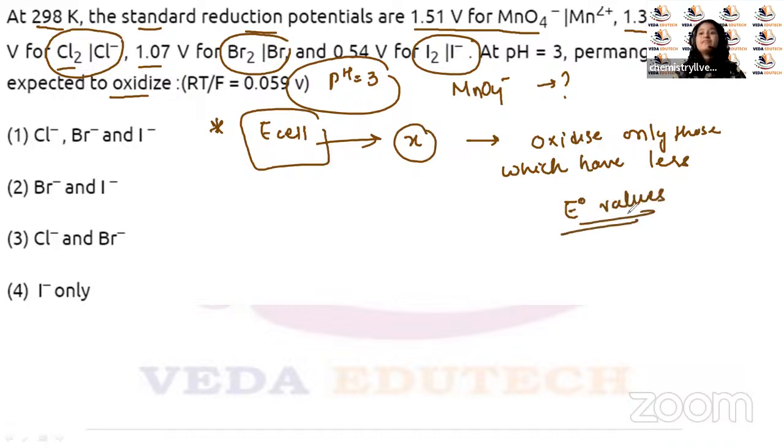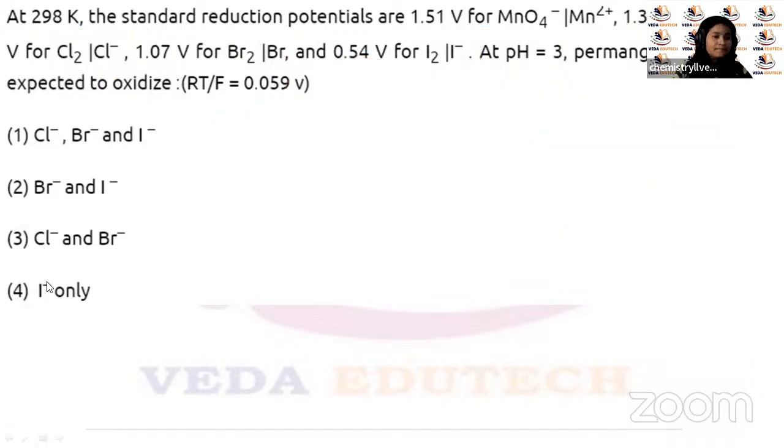It can only reduce them, right? Okay, so let us have a quick understanding of how this is being done. We know that we are going to use the Nernst equation here, right? But what are you going to use in the equation?